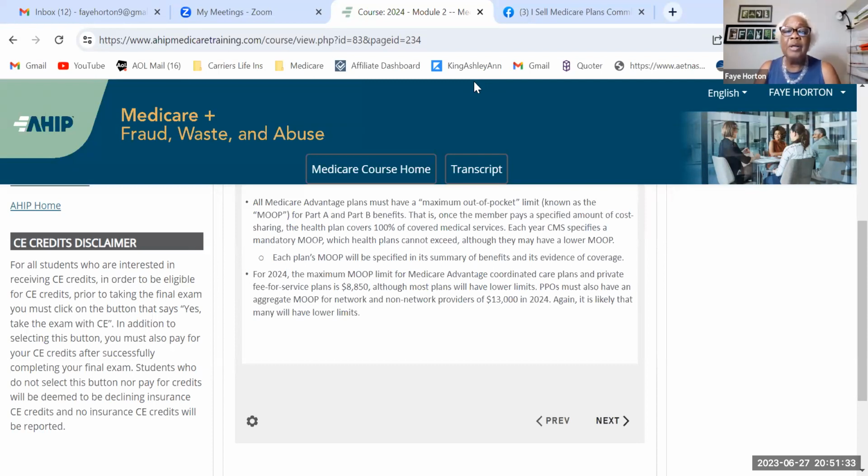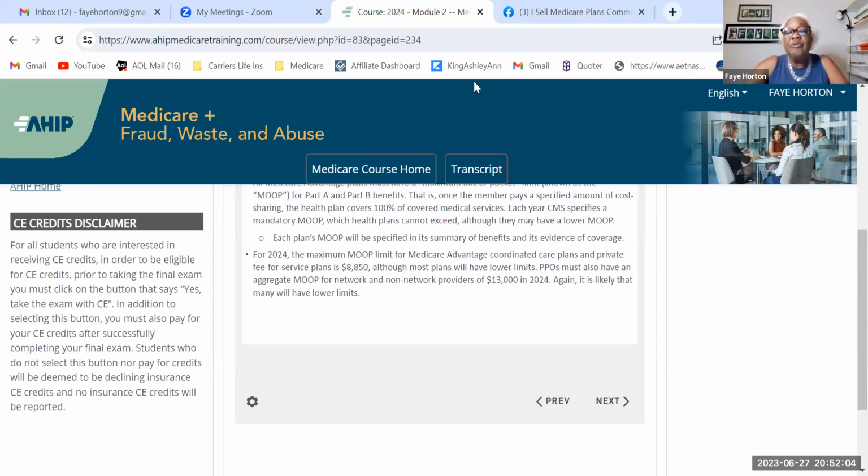So each year, CMS specifies a mandatory MOOP, which the health plans cannot exceed. However, some carriers will have a lower maximum out of pocket than is mandated by CMS. Each plan maximum out of pocket will be specified in its summary of benefits and in its evidence of coverage.